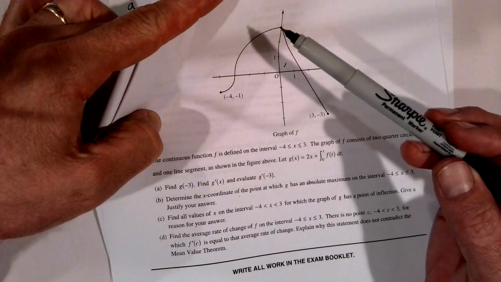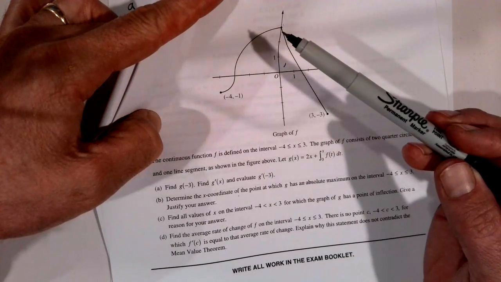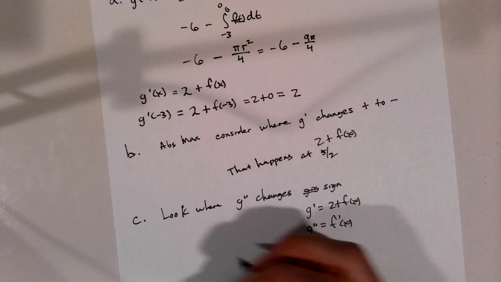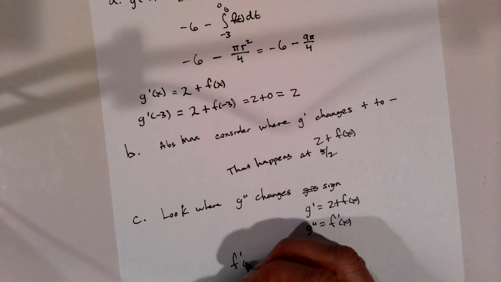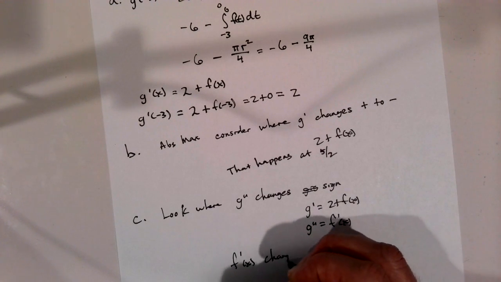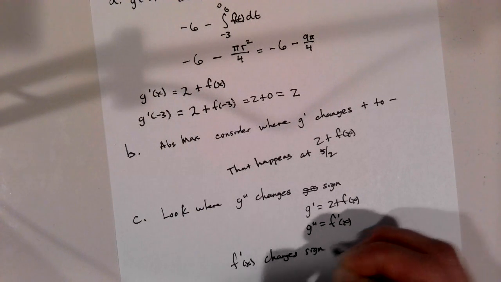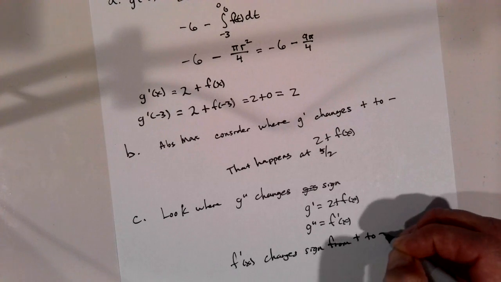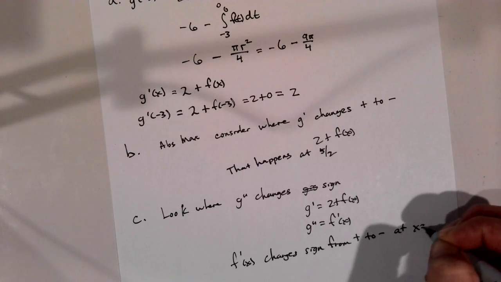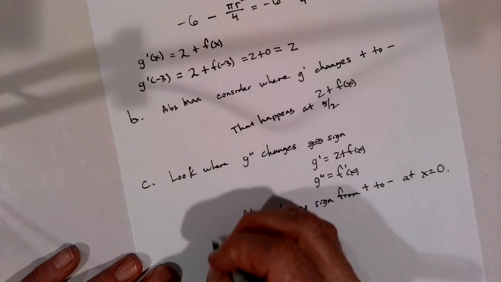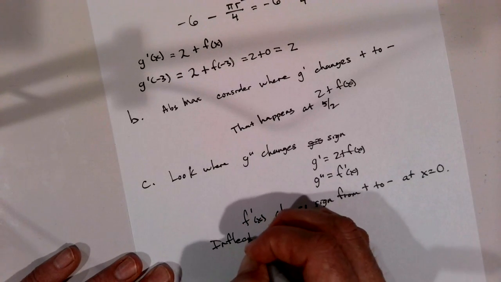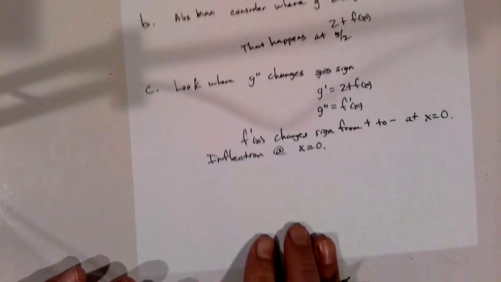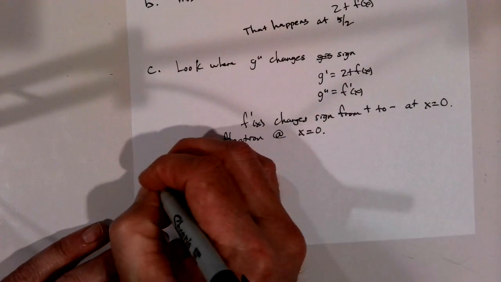So it changes sign right there at x equals 0, from positive to negative. Inflection at x equals 0. That's what we have.